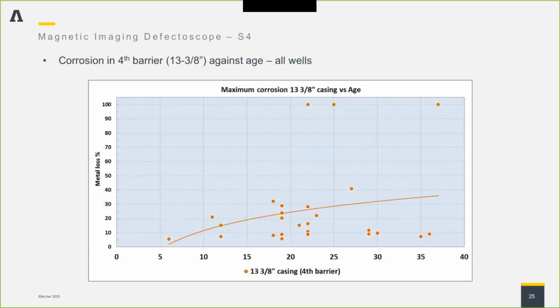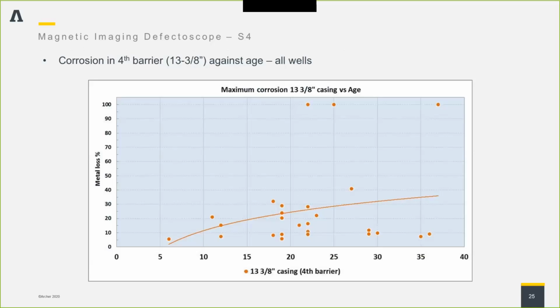So if we look at all of the barriers together, this is in the 4th barrier, which is 13 3/8. We've done these for all of the other barriers as well, of course, but the specific objective of these surveys is to establish what the integrity of the exterior barrier, like the first barrier against formation of these wells, is.